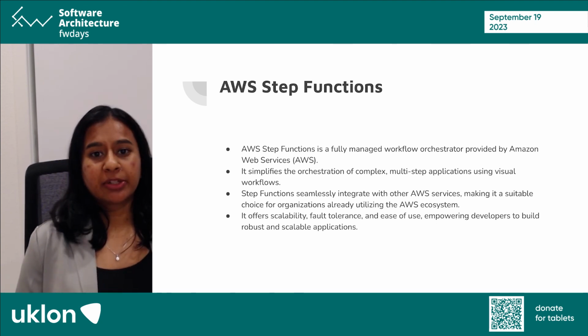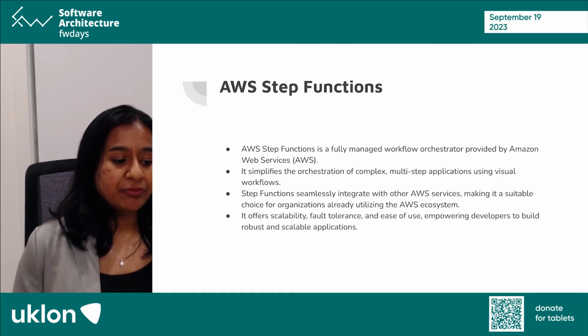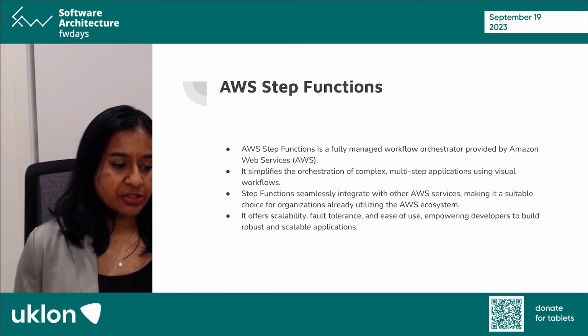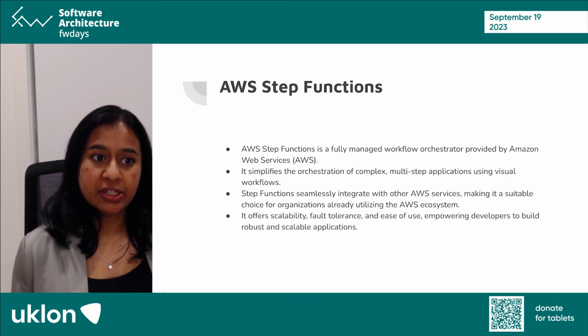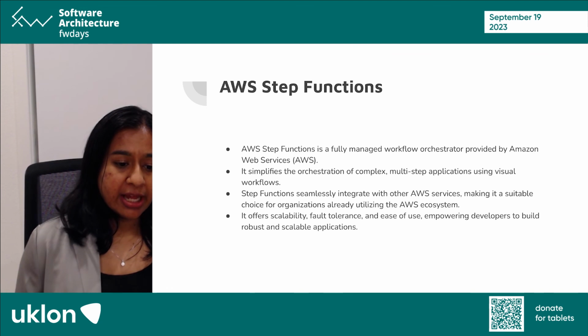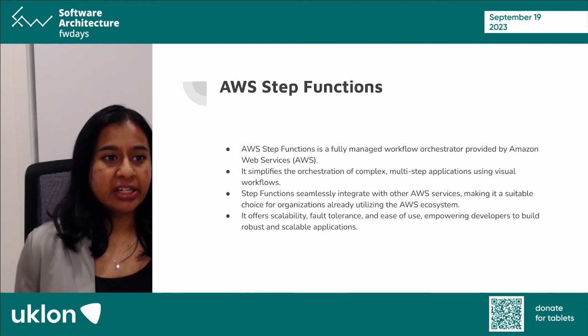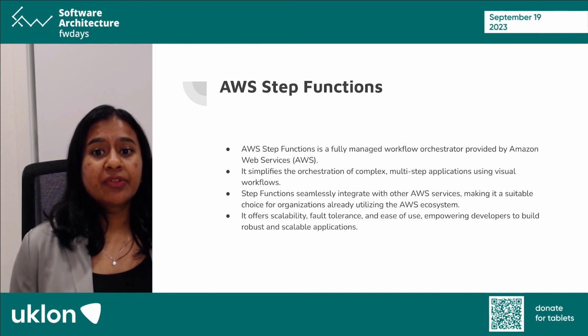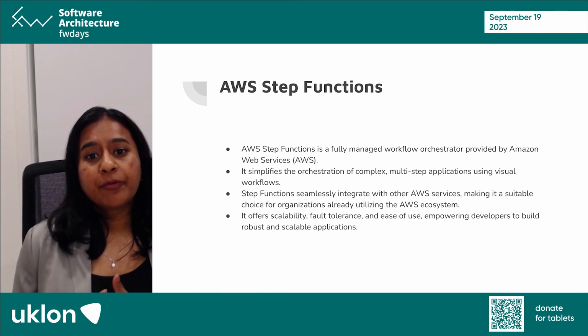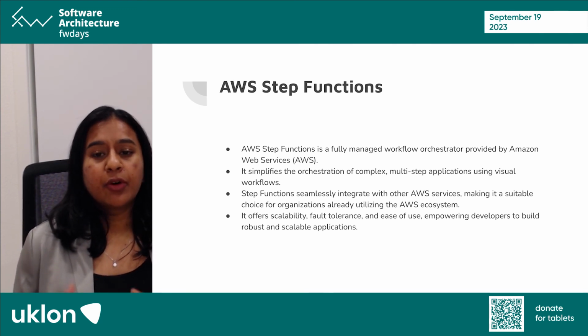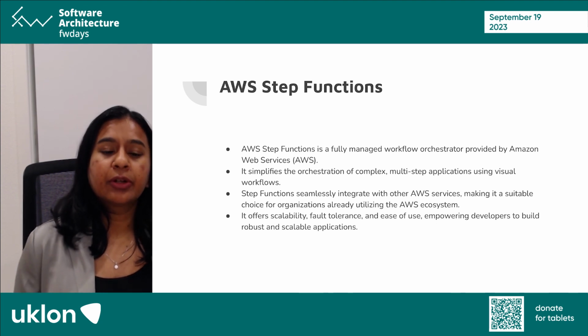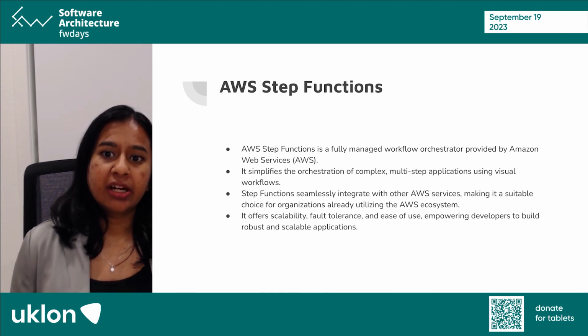and scalable applications. So we had to do extensive research between choosing AWS Step Functions versus Temporal. A couple of key takeaways for us was AWS Step Functions was great if you're completely integrated in the AWS ecosystem.